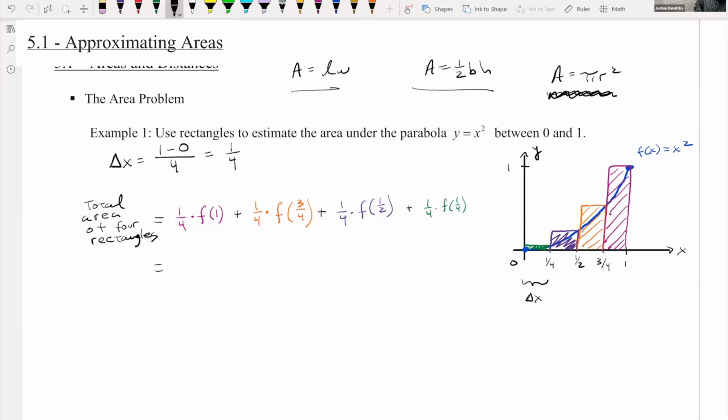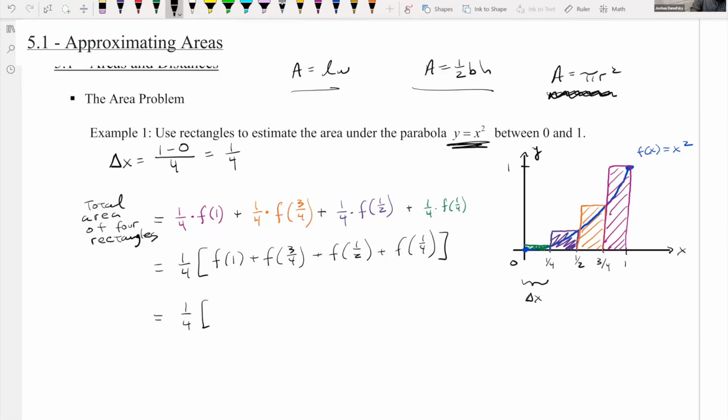And the math on this isn't really particularly hard, right? Notice, first of all, we can factor out a 1/4, and we're going to get f of 1 plus f of 3/4 plus f of 1/2 plus f of 1/4. And plugging these values into f, well, remember what the function is.